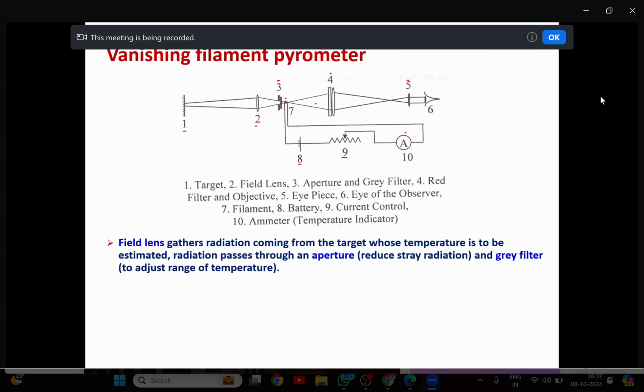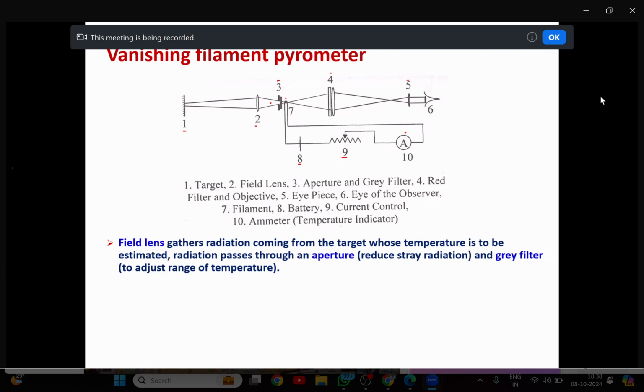And you will also have a gray filter. The purpose of the gray filter is, depending on the range of temperature, it will only pass the incoming electromagnetic radiation within certain wavelengths.